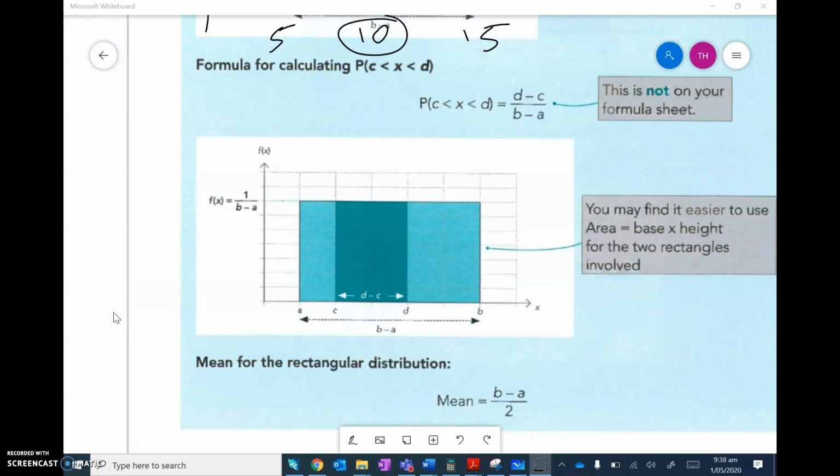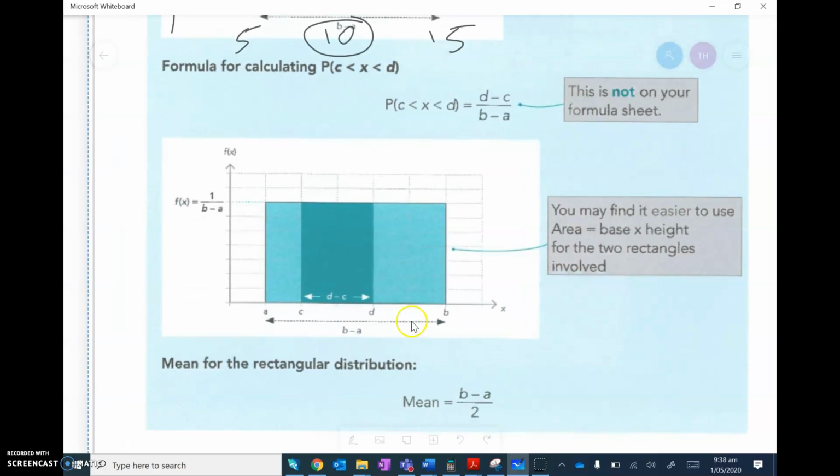So what the rectangular distribution might ask you to do is work out the probability of some smaller range within the entire distribution. There are two ways to work that out. I'm going to show you the other way on the next page, but they've given you a formula here. Now it's not on your formula sheet.